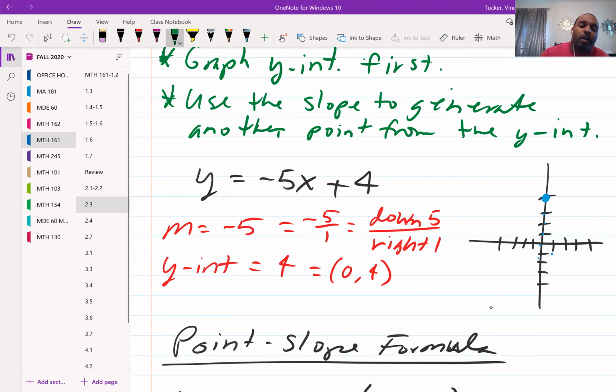So graph your y-intercept, which is right here. That's 0, 4, and I go from the y-intercept down 5 and then right 1. And that's the line.